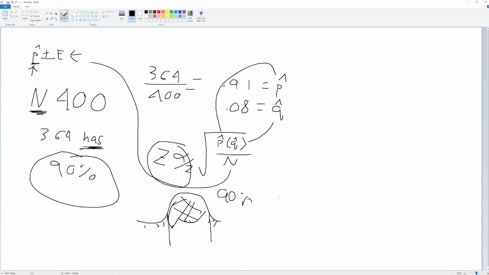To find that area, we take 1 minus our percentage. If you turn 90% to a decimal, you're left with 0.9. So 1 minus 0.9 is 0.1. Cool. That 0.1 gives us the area of this and the area of that. But we only need the value of 1, so we'll divide by 2. And we're left with 0.05.